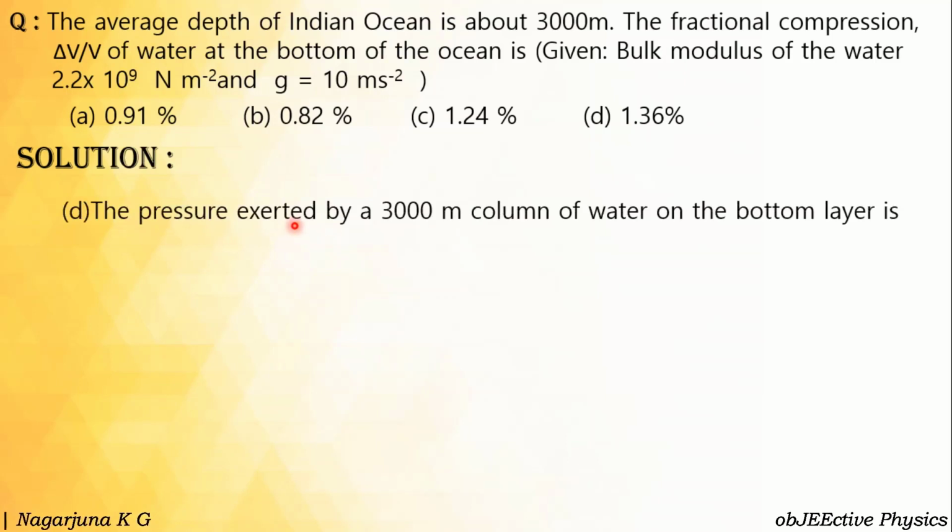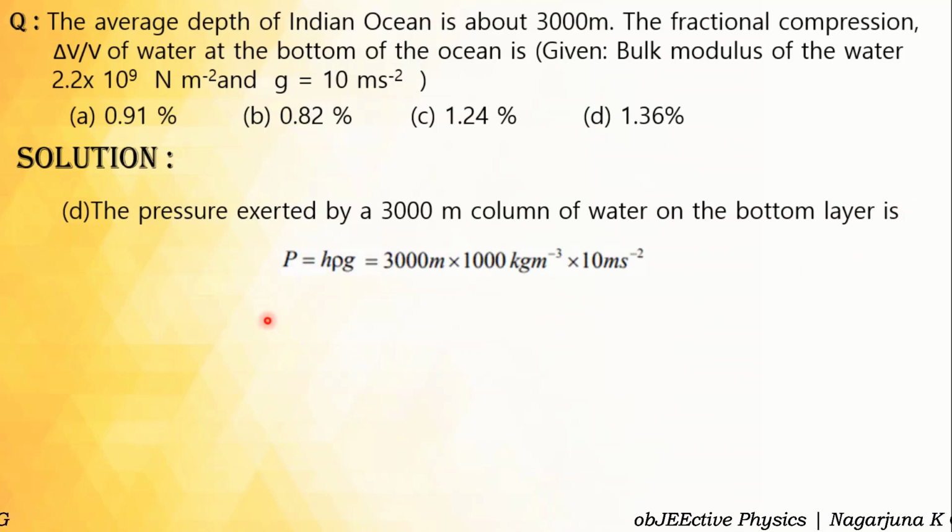Solution. The pressure exerted by a 3000 meter column of water on the bottom layer is, we know that hydrostatic pressure P can be written as H into rho into G, where H is depth or height, rho is density, G is acceleration due to gravity.